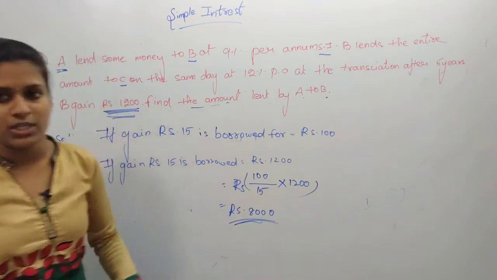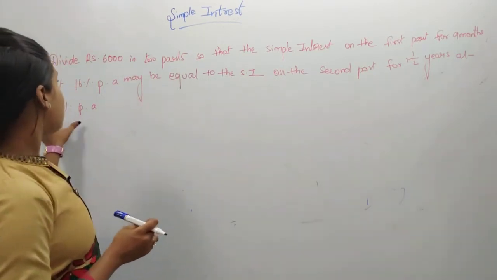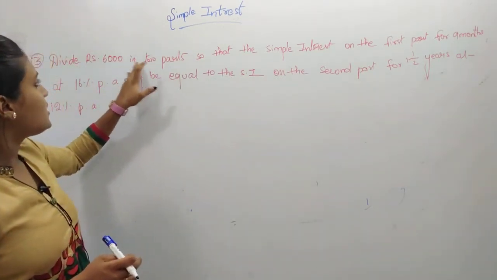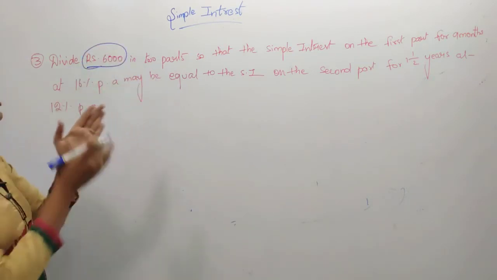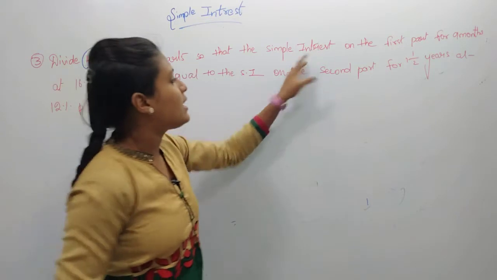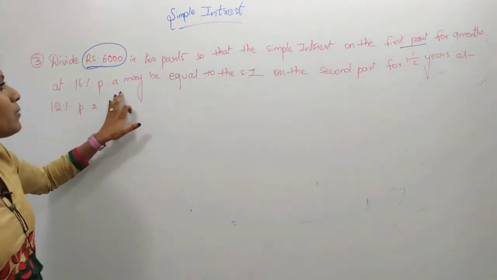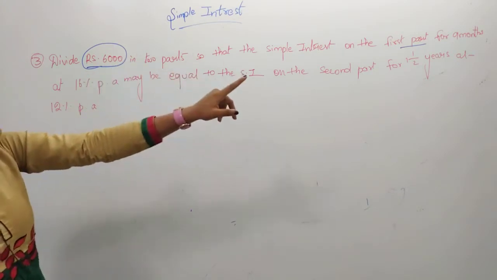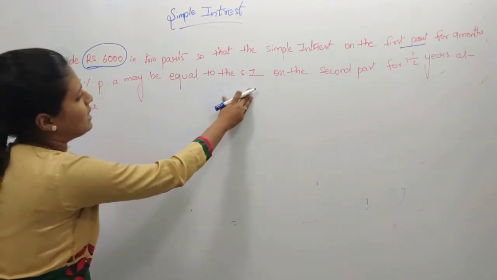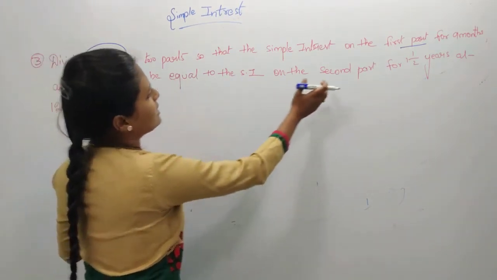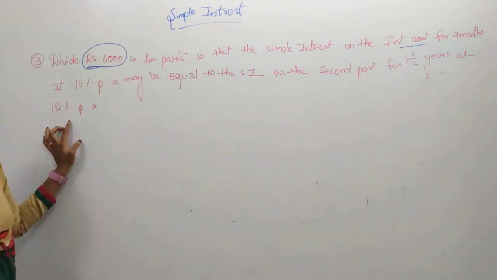Next, let's solve the next question. What is given in this third question? Divide rupees 6,000 into two parts so that the simple interest on the first part for 9 months at 16% per annum is equal to the simple interest on the second part for 1.5 years at 12% per annum.